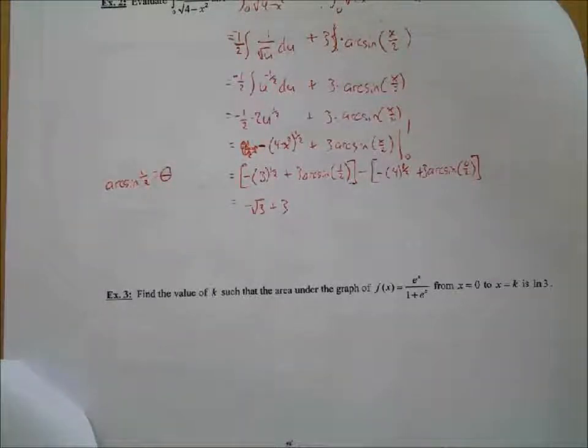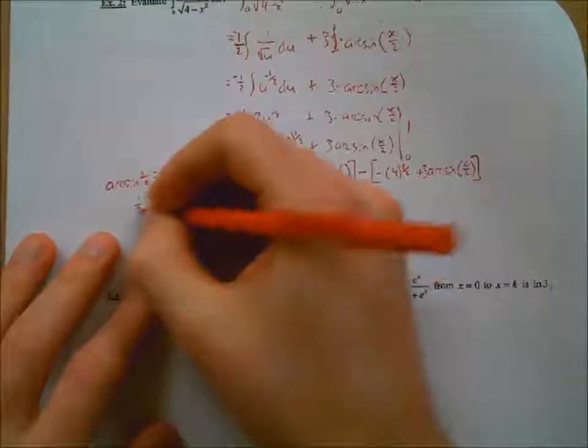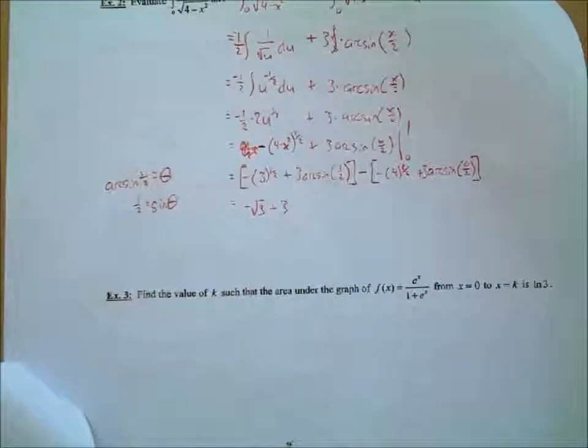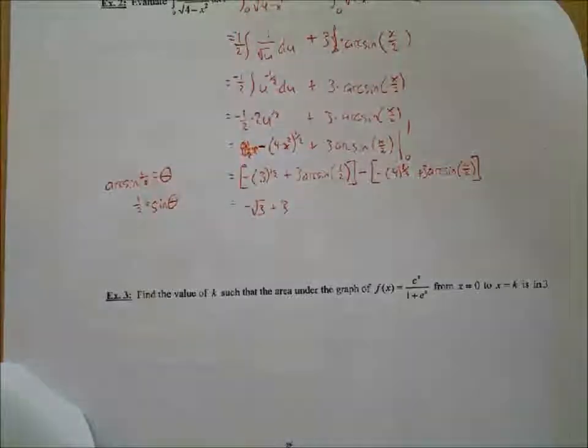For regular trig, you plug in an angle, you get out a ratio, but it's reversed for the inverse trig. So we can also think, 1/2 is equal to the sine of what angle? It's going to be first quadrant since we're positive here. Sine of what gives us 1/2? Pi over 6.